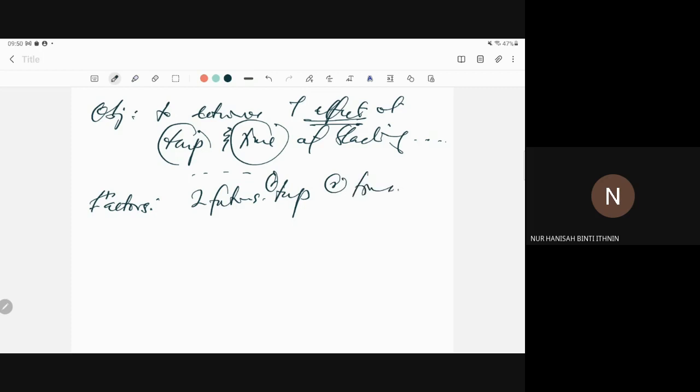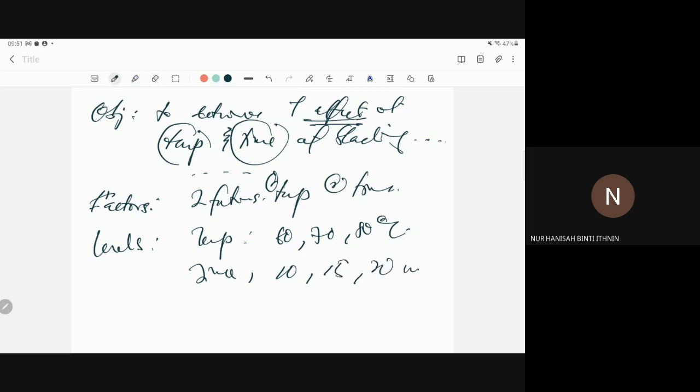For the levels, for temperature, 60, 70, 80 degrees C. And for blanching time, maybe it is 10, 15, 20 minutes.